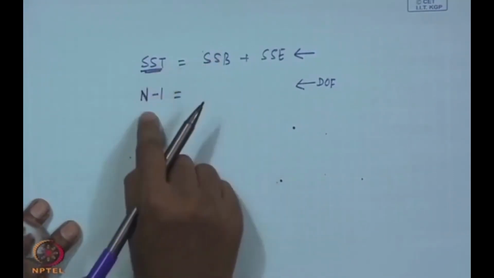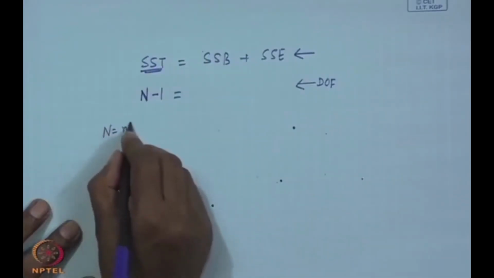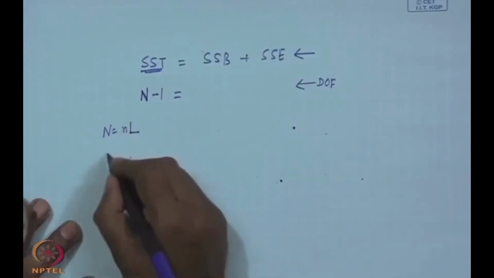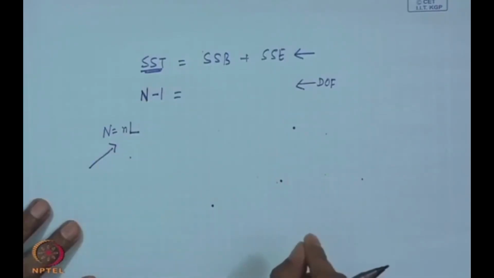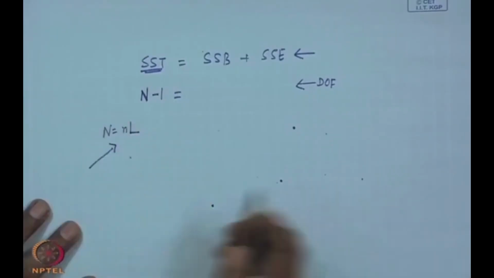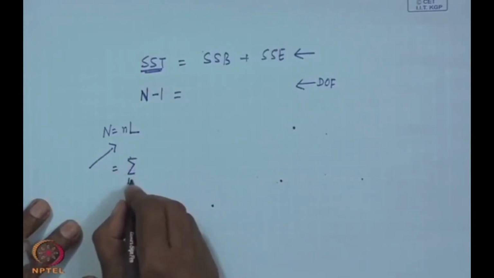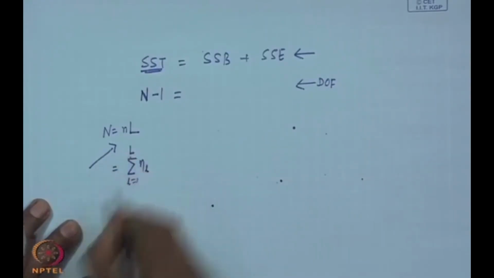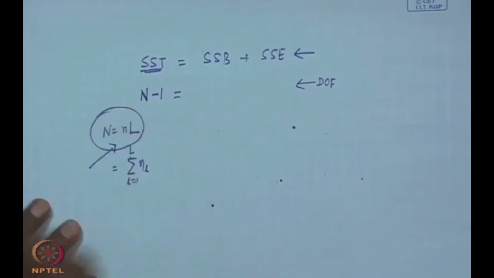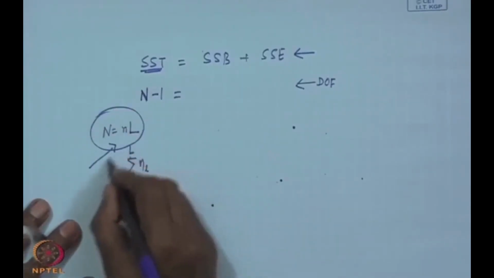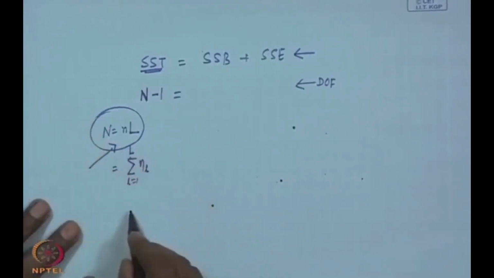So, the degree of freedom for SST is capital N minus 1, where capital N is n into L when you sample from L populations and the sample size is equal. If the sample size is unequal, then capital N is the sum of n_l for l equal to 1 to L. Getting me? So, this is the equation for the equal sample size case, and this is the equation for computing capital N for the unequal sample size case.